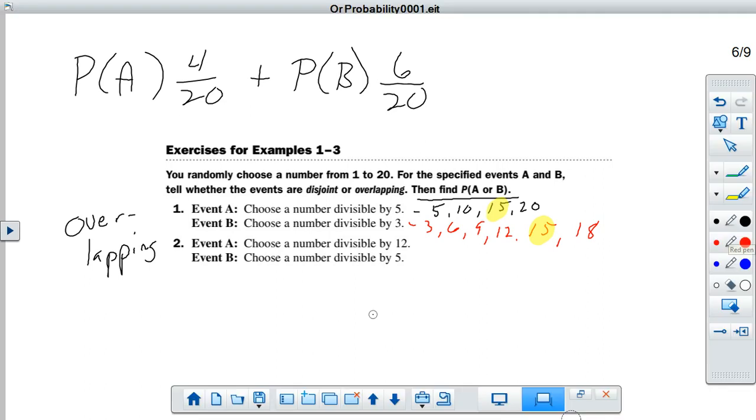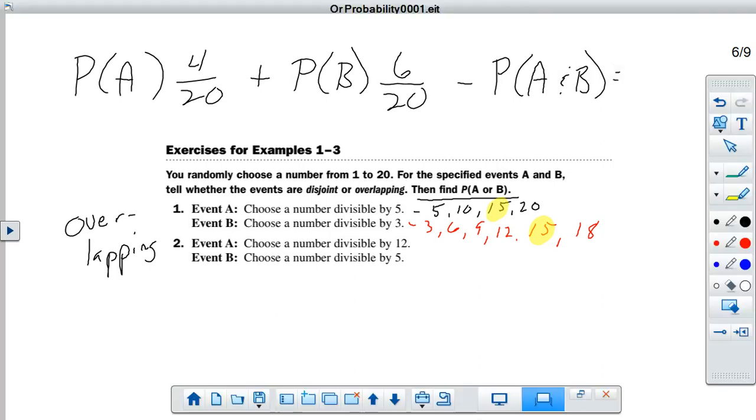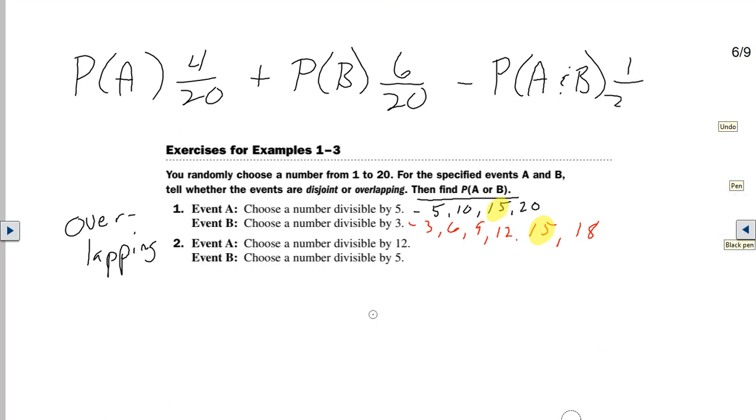So I'm going to take away, and we call this the probability of A and B, which is 1 out of 20.